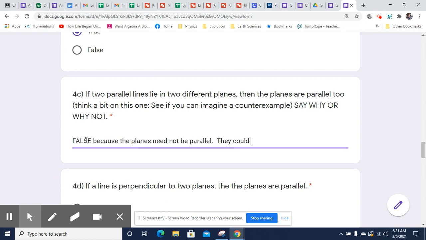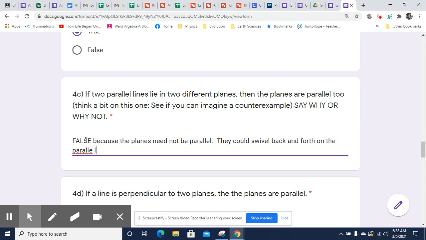You think of it as a swivel. They swivel back and forth on the parallel lines like a hinge. So think of it as like a door. A door has a frame, okay?